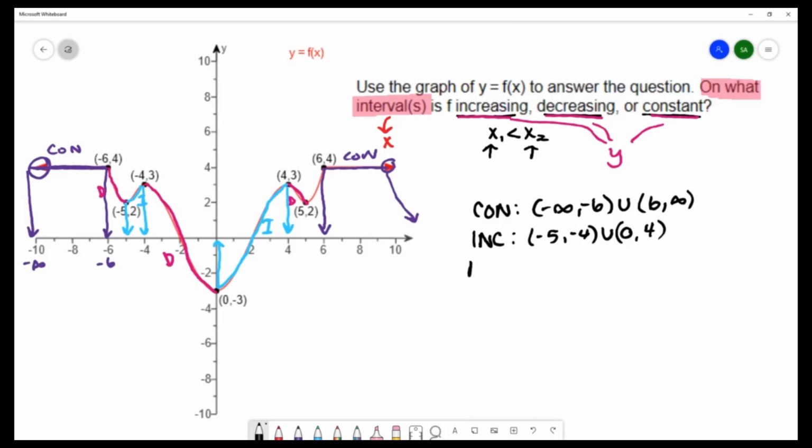And then we have some intervals of decreasing. Those are in this kind of pink color. This interval will start at -6 and stop at -5. We have another one which starts at -4 and stops at 0.